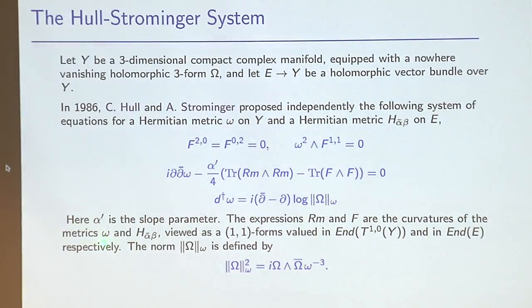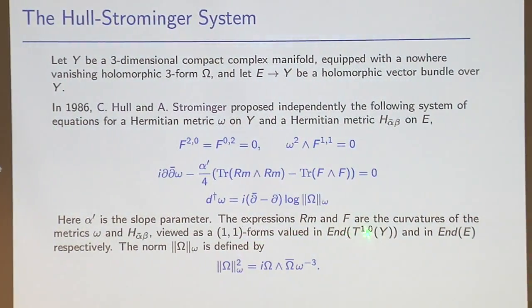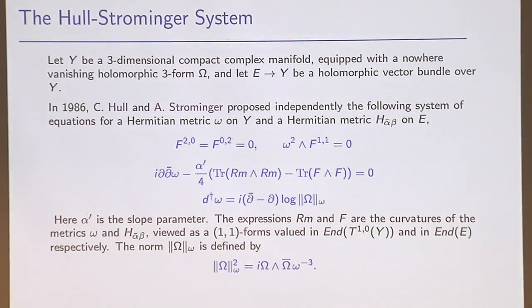Riemann is the curvature of the metric omega, and F is the curvature of the metric on the bundle, and they are viewed as (1,1) forms valued in the endomorphisms of the corresponding bundle. So in this operation here, what we are doing is that we are wedging the forms among themselves, but at the same time, because they are valued in the endomorphisms, we are composing them and taking the trace afterwards.